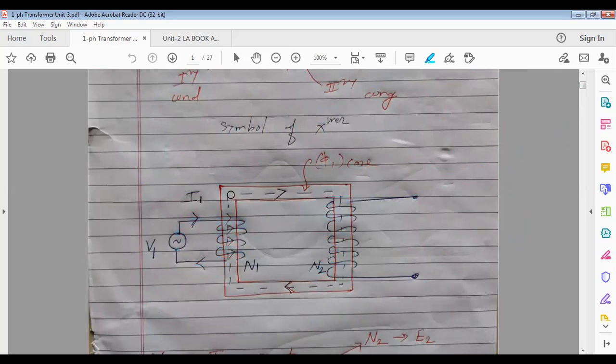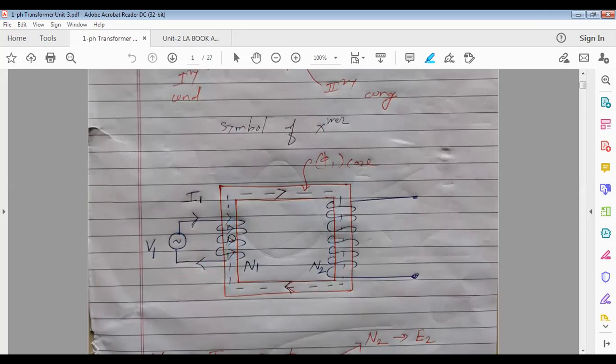See here, the vertical portion of this magnetic core is called the side limbs. So primary and secondary windings are both wound on two side limbs. Now we'll see about its construction first.